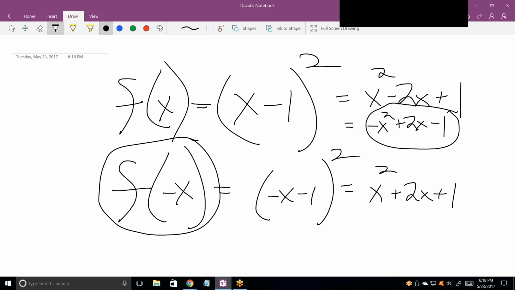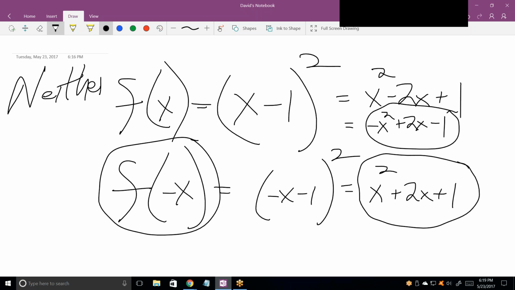In other words, what we got when we figured out what f of minus x was something that was neither f of x nor was it minus f of x. So it's neither. Okay. In other words, it has to either be f of x or minus f of x for it to be one or the other.